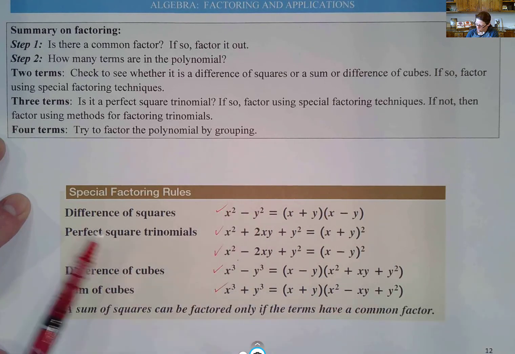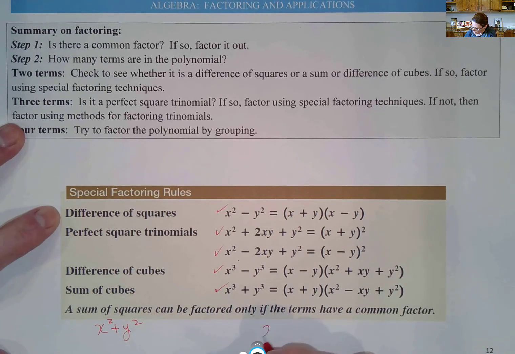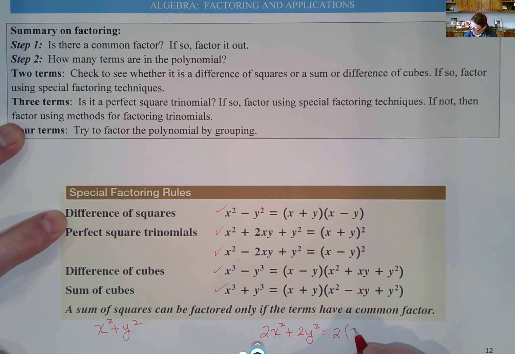Okay. So here we've got a repeat of our formulas that we've used, along with this last little comment that a sum of squares, something of the form x squared plus y squared, is not factorable unless there happens to be a common factor. Like if you see 2x squared plus 2y squared, we could factor out a greatest common factor, but that's it.